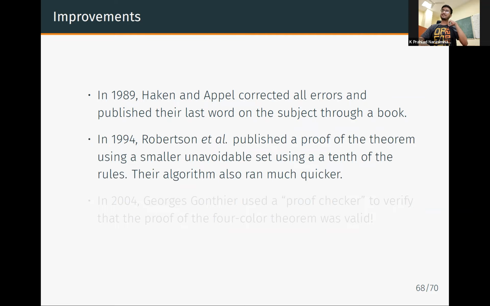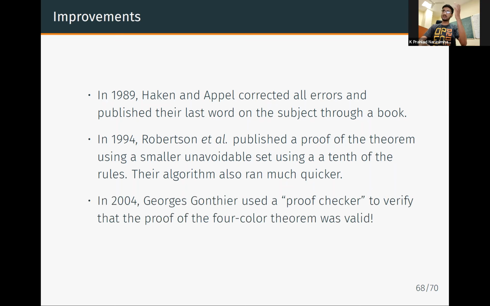In 1994, Robertson and others published a proof of the theorem, which was much shorter, in the sense that the unavoidable set was smaller, and the rules used to construct it were also much smaller. The algorithm was much quicker as well. However, they used computers for both parts: checking the unavoidability as well as the reducibility.